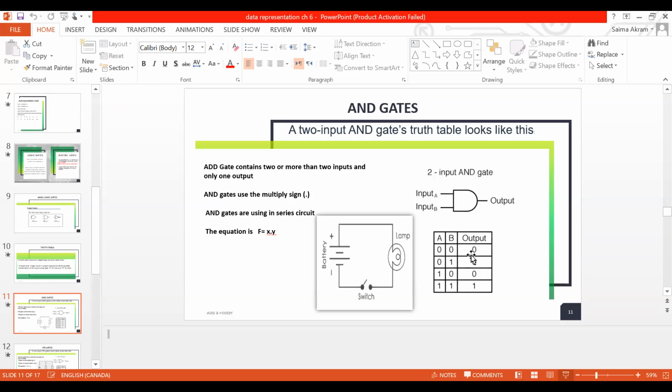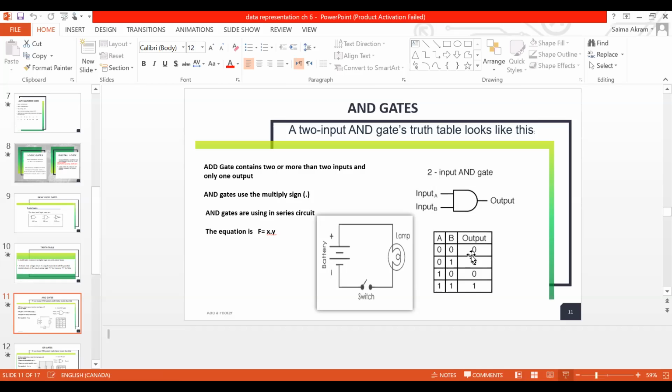You have a switch, if you switch it off, what will happen? The light is off. When you switch it on, then what will happen? When you turn the switch on, the light is on now.